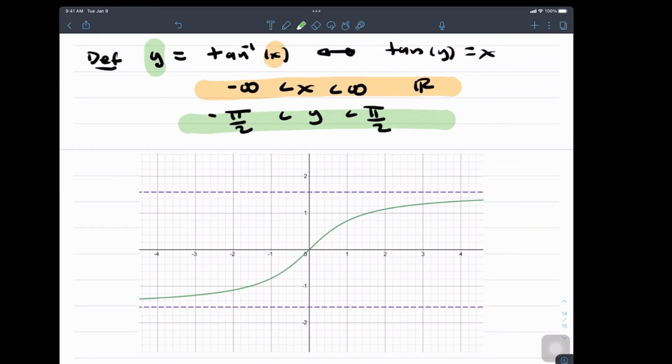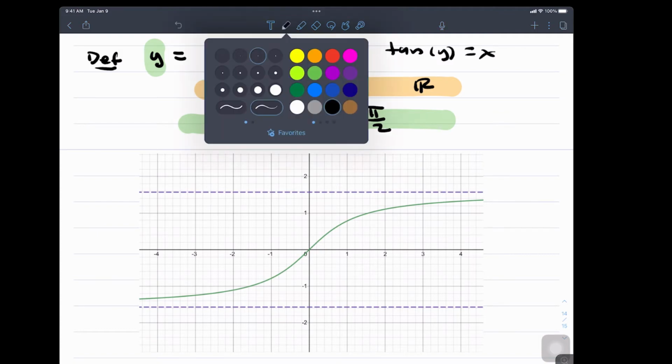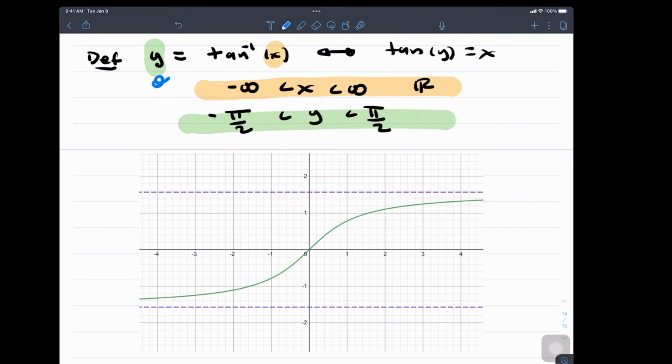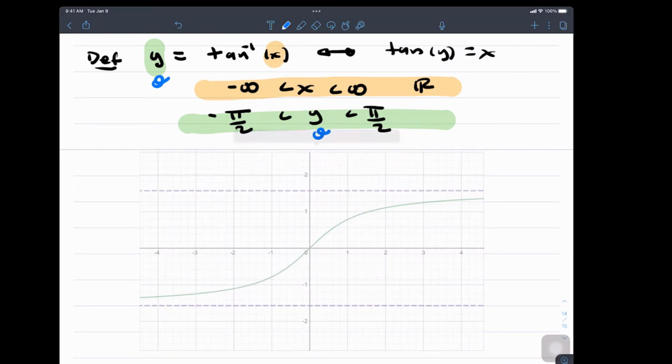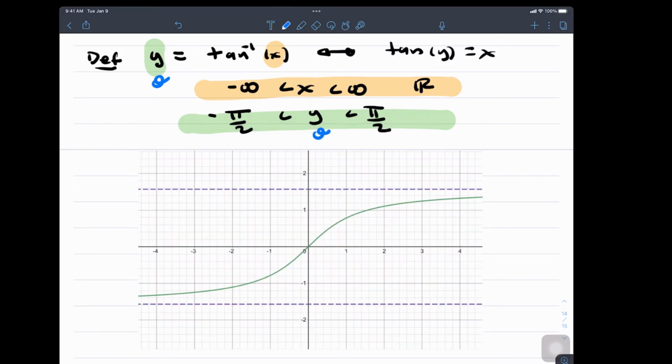Okay, and notice what? Can I ask you guys this? If y is theta, right? Don't we usually call that theta when we start to use this? What quadrants are we really talking about? Go back.